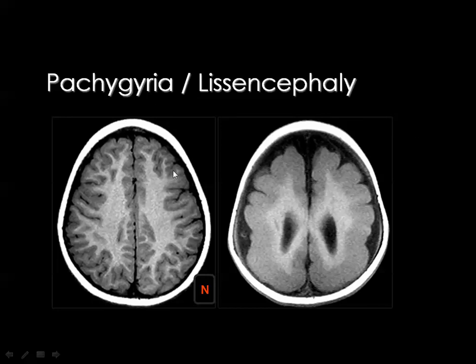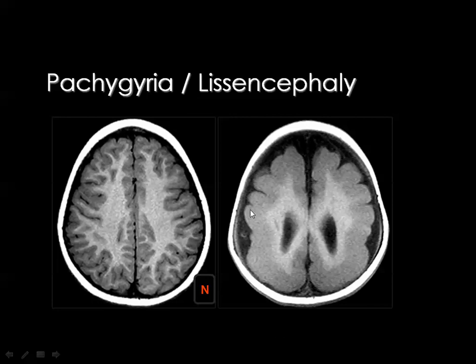This is the normal appearance of the cortical sulci and gyri in the normal brain. You see how many sulci there are, and this is the usual thickness of the cortex. And if you look at this example, you can see that the gyri are very thick and broad as well, and they are few in number.